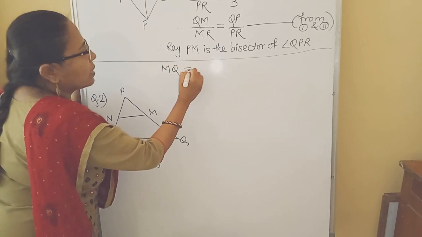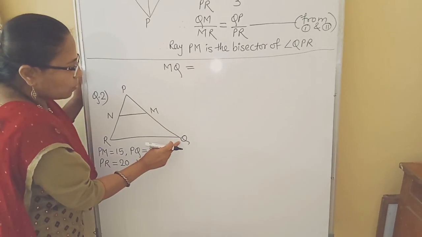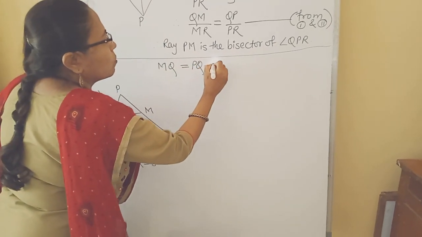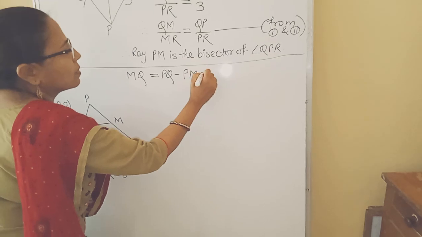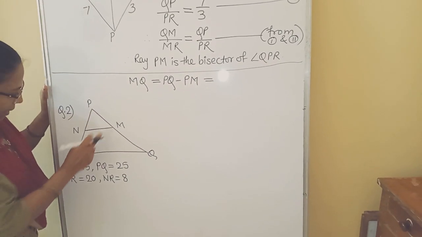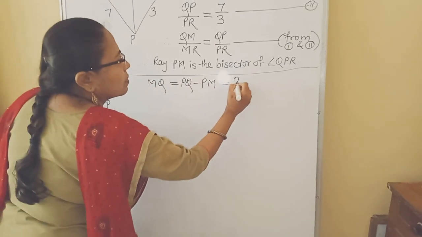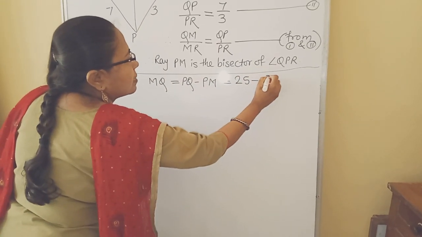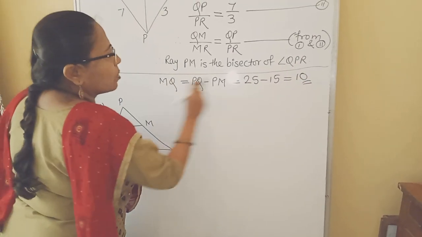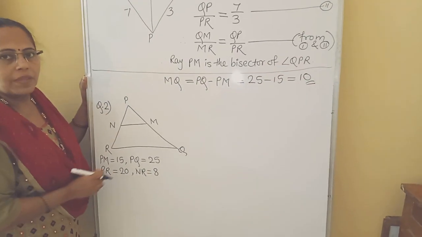So MQ is equal to PQ minus PM. PQ is given 25 and PM is given 15. So 25 minus 15 is equal to 10. MQ is equal to 10.